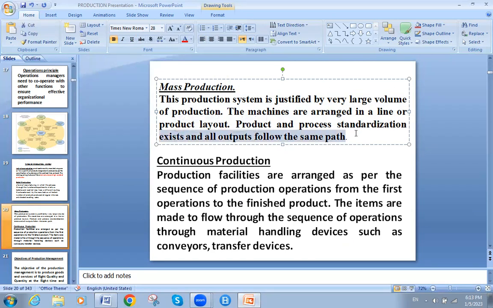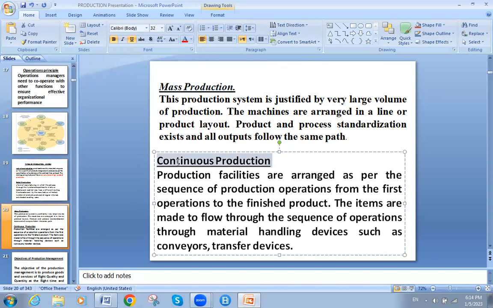For example, cups or glasses with the same specification, or plastic chairs. This is mass production, because once the machine starts working, it will produce the same plastic chairs.